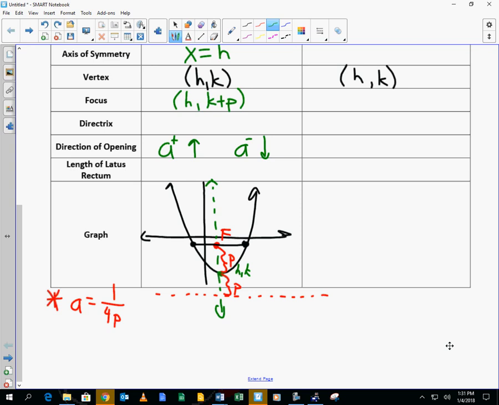The directrix is a horizontal line. A horizontal line has an equation of x equals or y equals. Y equals, that'll be k minus p. And length of latus rectum, because we're talking about length, we use the absolute value sign because length is not negative. So it's the absolute value of 4p.